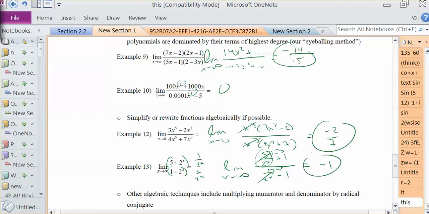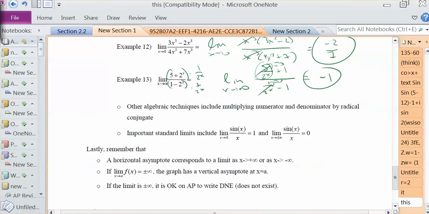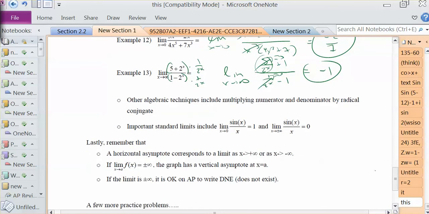We also learned about techniques that involve radical conjugates. We know about the ones with sine x over x, and it's approaching 1 or 0 if x approaching 0 or positive or negative infinity respectively. We know about horizontal asymptotes as x approaching positive or negative infinity. Vertical asymptotes, the limits going towards positive or negative infinity as you get closer to vertical asymptotes.